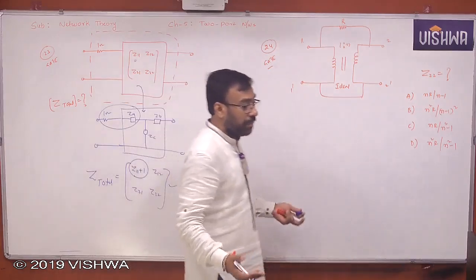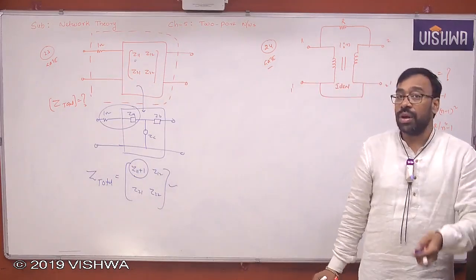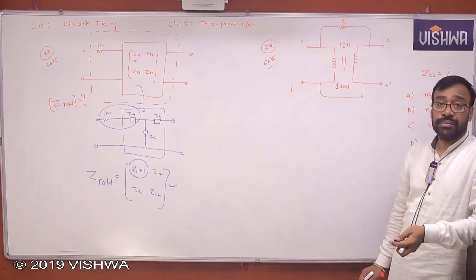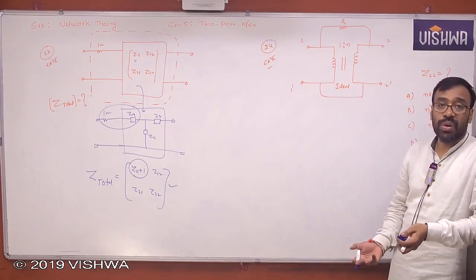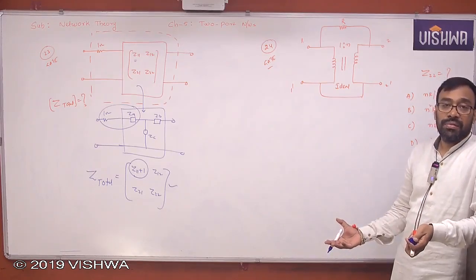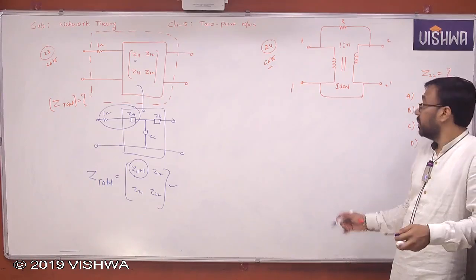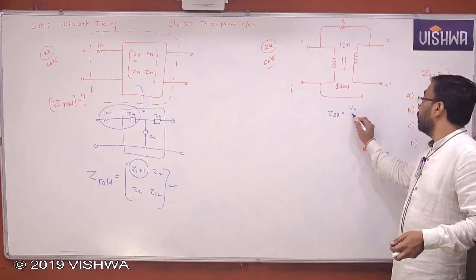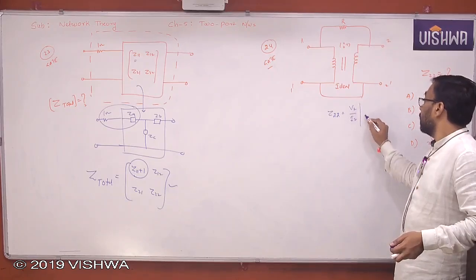So, whenever impedance is asked, we have only one option, that is the old-time technique. Input impedance or output impedance, whatever is asked, we are left with only the old-time technique. Because how do you define Z22? Z22 is nothing but V2 by I2 when I1 is 0.